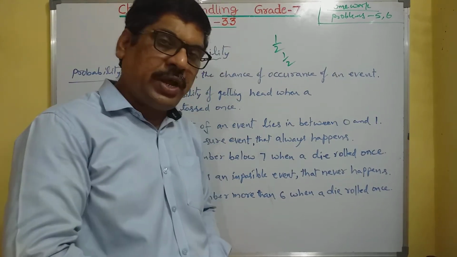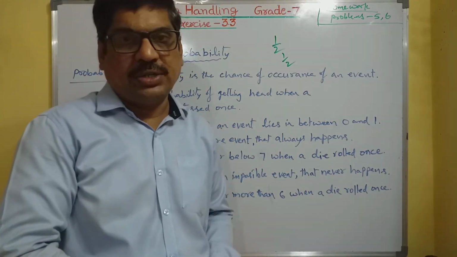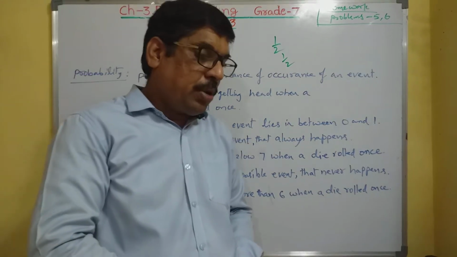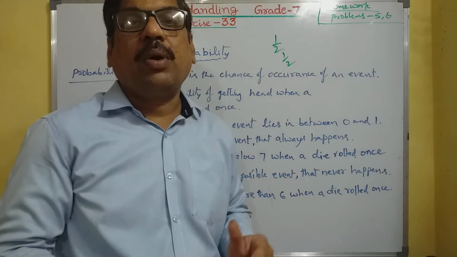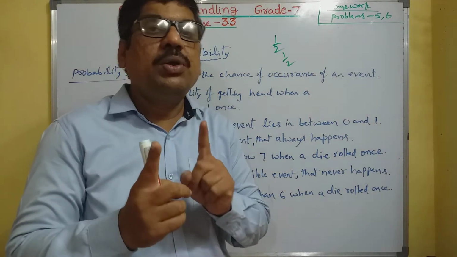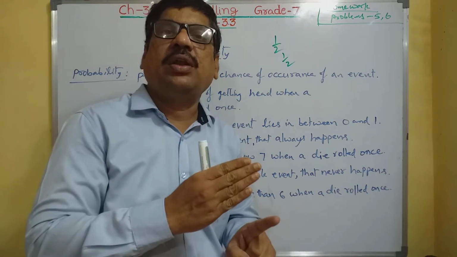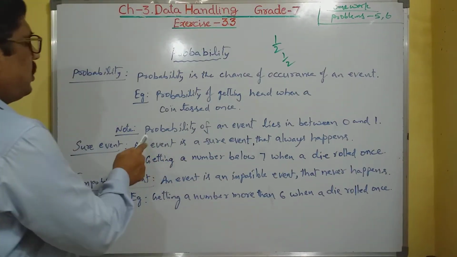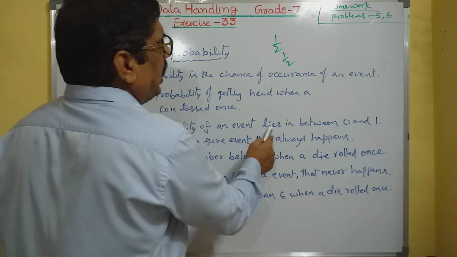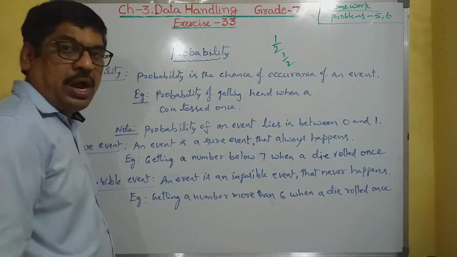What do you call such fractions? Yes, they are proper fractions. So the probability of any event is a proper fraction. You know that a proper fraction is never more than 1. It is always less than 1. So the probability of an event lies between 0 and 1.